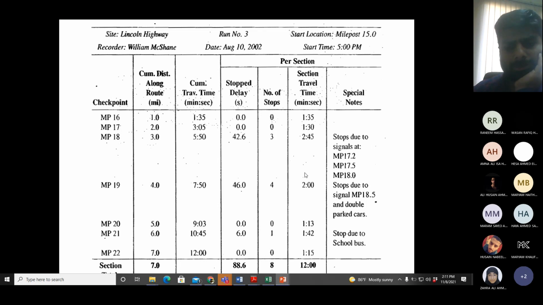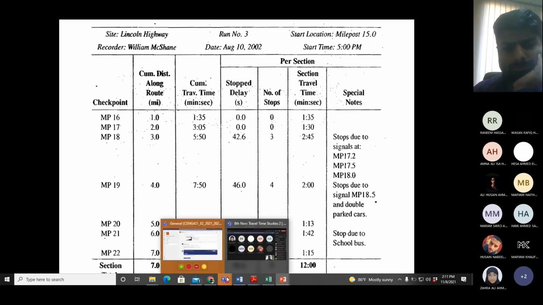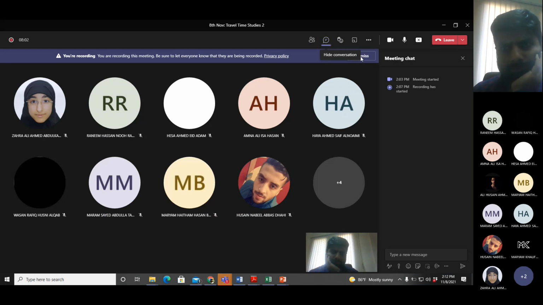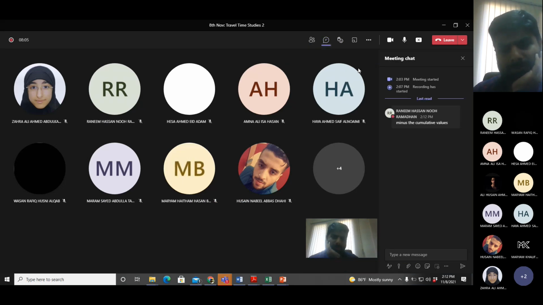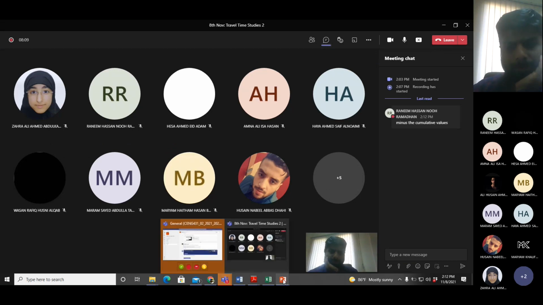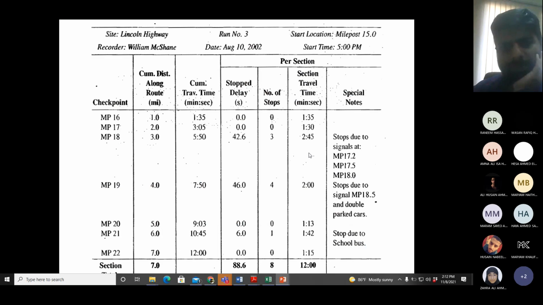How do I get these values? Yeah, we take the difference of the cumulative values. Good. Simple. Take the difference of the cumulative values.